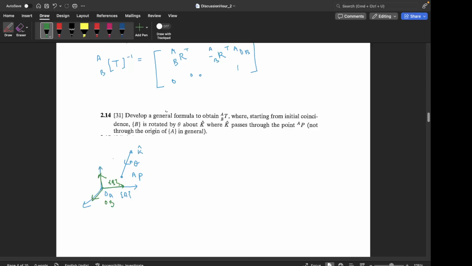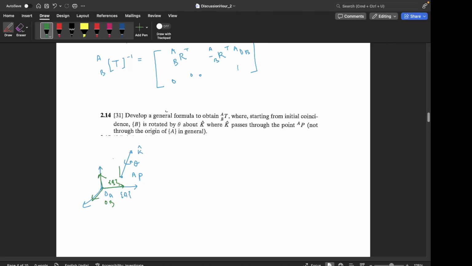And the angle of rotation is theta. So what we see here is that there is also an element of translation involved, because in order to apply the usual rotation matrix about an axis by a given angle formula, we would need that k passes through the origin of that frame, right?